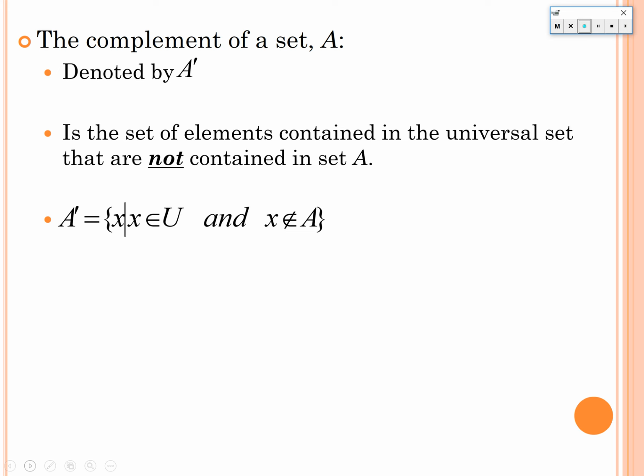So if we interpret the set builder notation, this is our complement of set A. And remember that variable is representing any element in our set. So the X is any element in our complement.